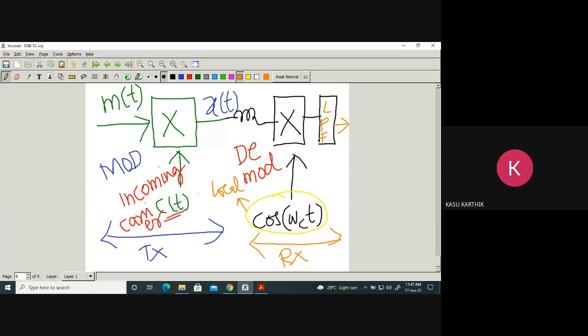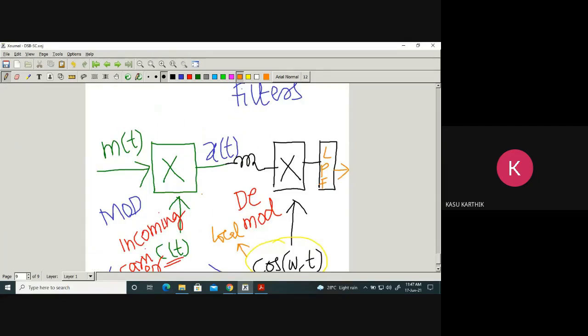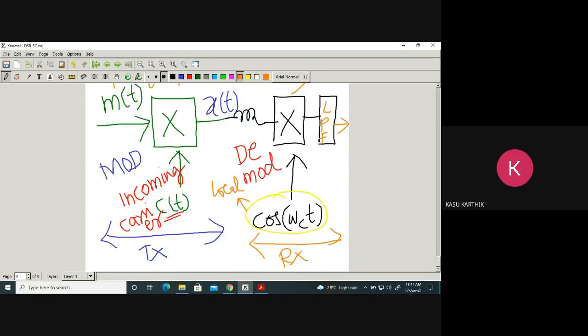Okay, here, the entire thing is called synchronous or coherent demodulation. Why is it called so? Because the carrier that we are using at the transmitter side and the carrier that we are using at the receiver side should be exactly same.